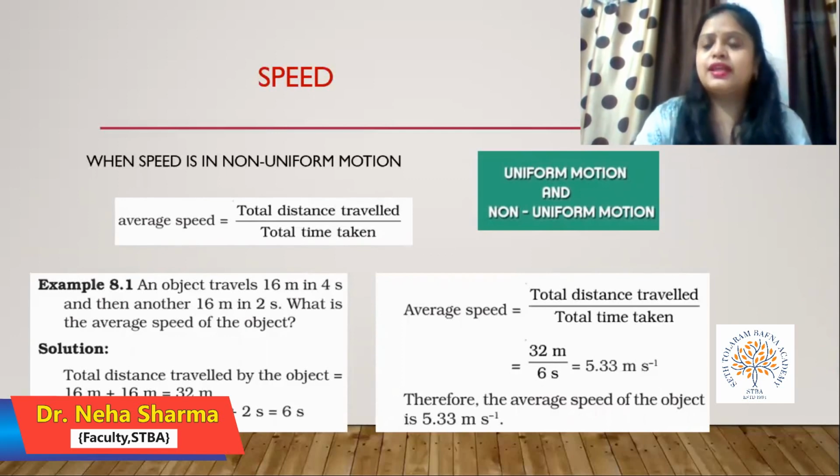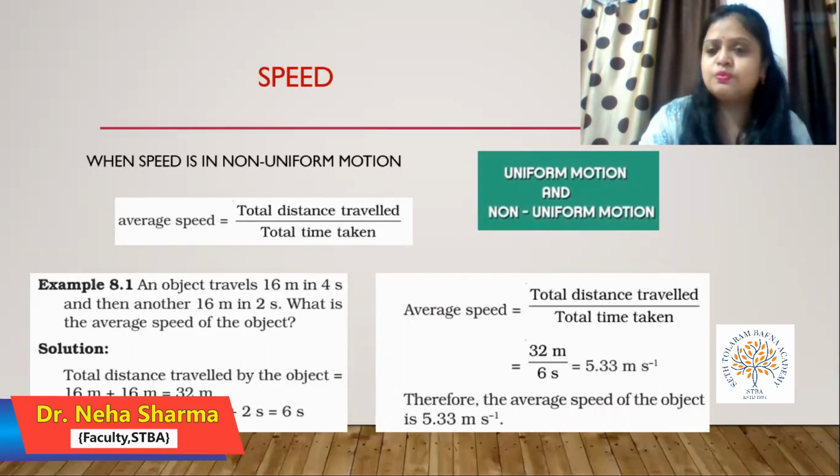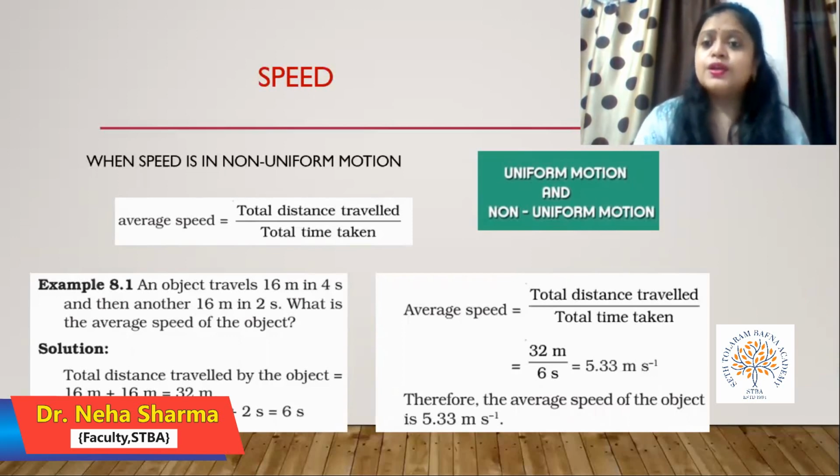Suppose I am going from Delhi to Jaipur, the speed might not be uniform because maybe I'm facing some traffic or I'm varying my speed. Sometimes I'm driving a vehicle at 100 kilometer per hour, and sometimes very slowly, like 60 kilometer per hour or 40 kilometer per hour. The speed varies.